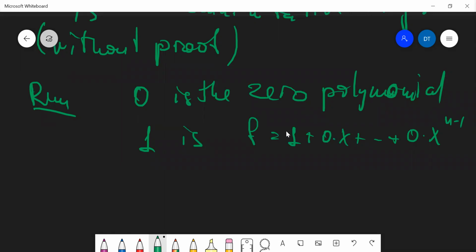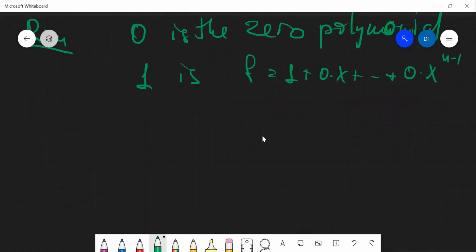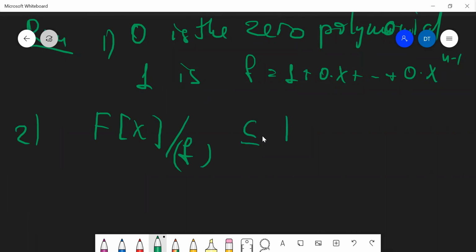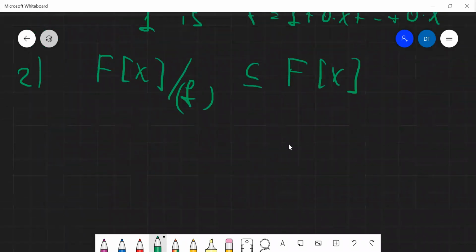So just 1 from the field. Okay. Now, another important remark, remark number 2. By definition, this set belongs to this one. So we just consider polynomials of degree strictly smaller than the degree of f.